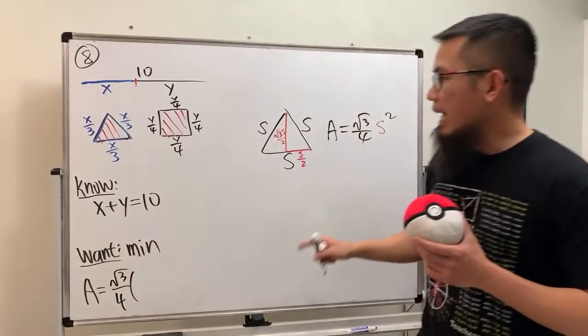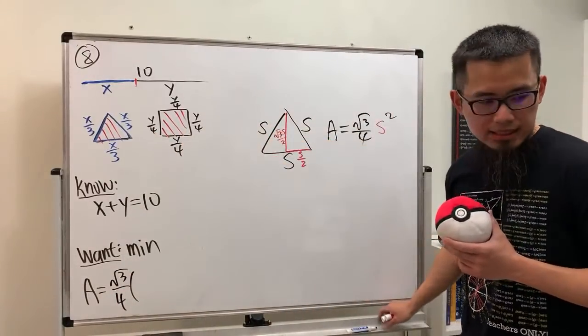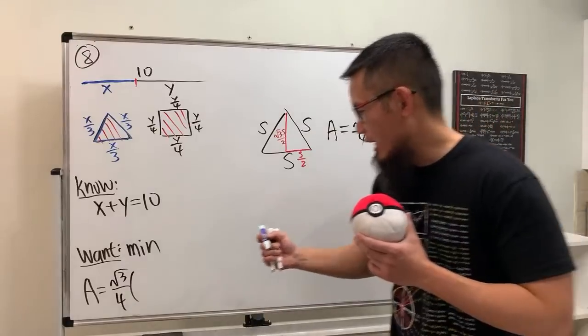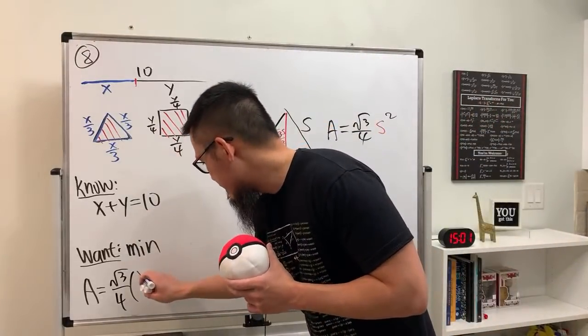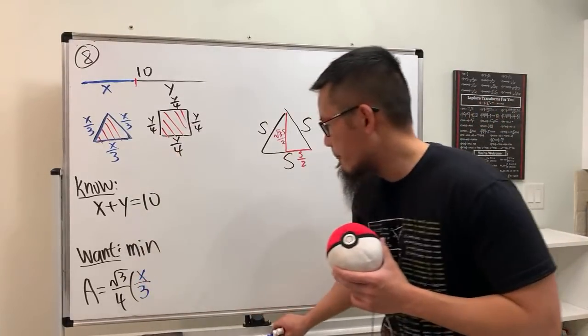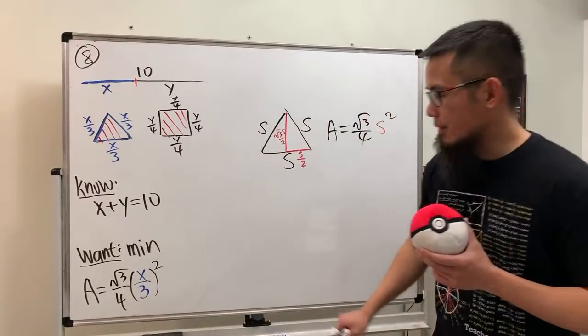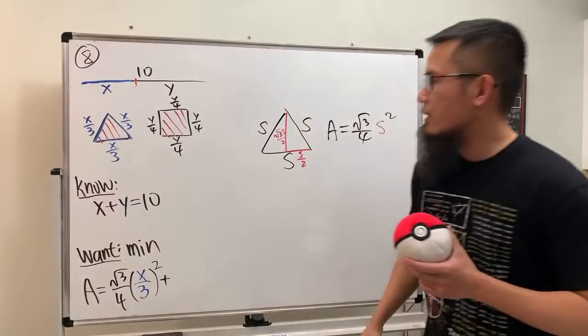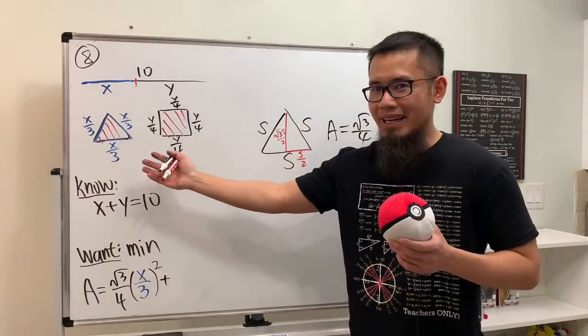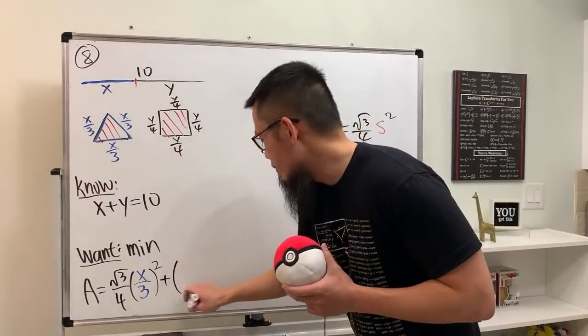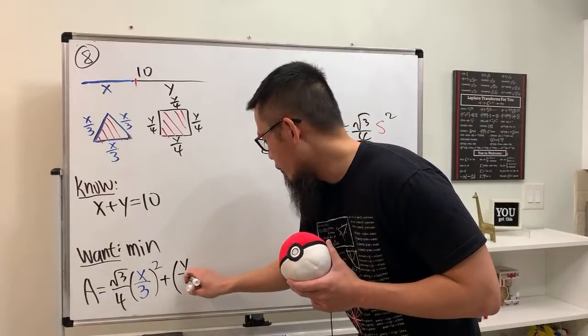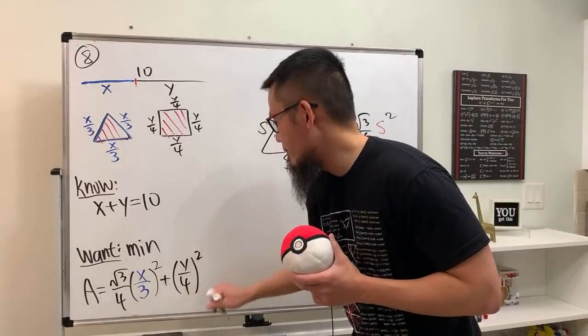And then the s is equal to x over 3. So we have the x over 3, and then we are going to square that. Plus, well, the square area, you need no introduction. We're just going to have y over 4 and then square, right?